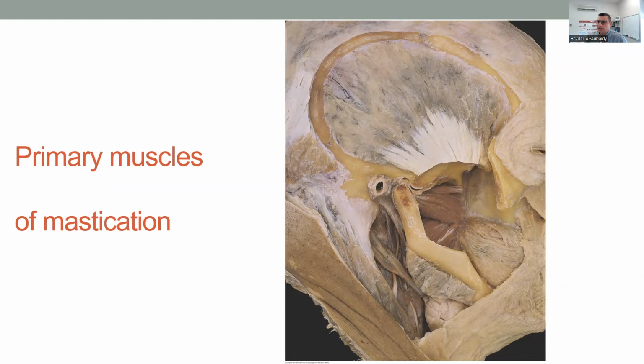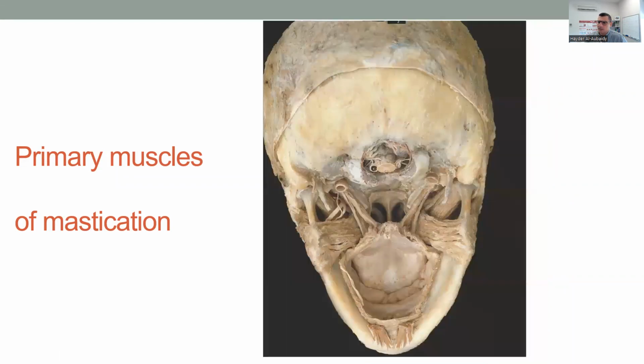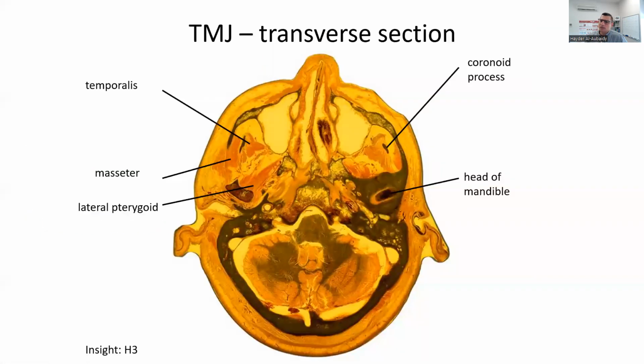I've just added this because these are some of the more challenging muscles for students to identify. This is the medial pterygoid, and this is the lateral pterygoid muscle. We'll also be able to look at the plastinated specimens, whether in the online or face-to-face workshop. We'll need to look at some of the relevant plastinated specimens.